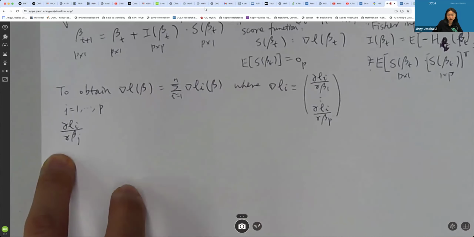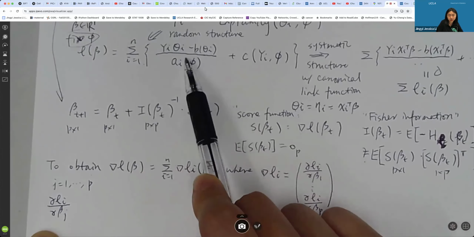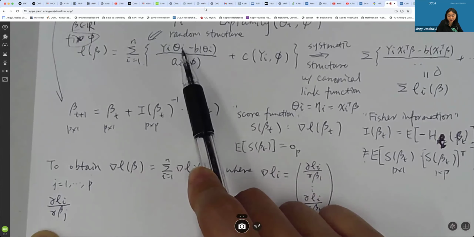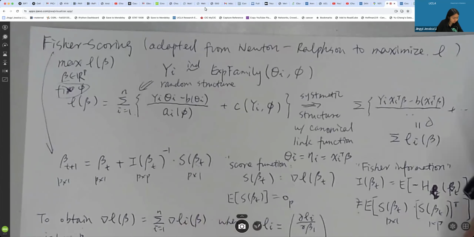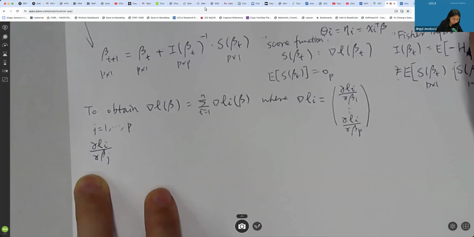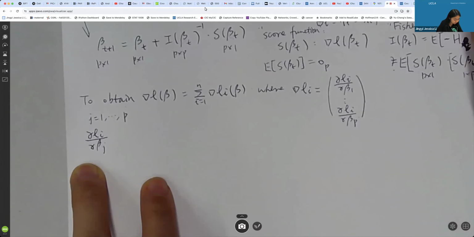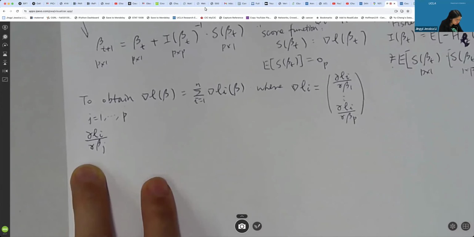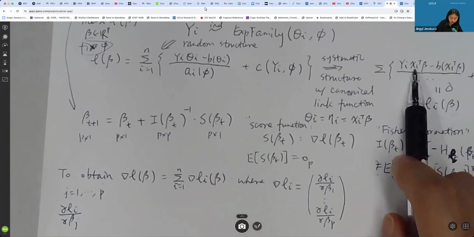I'm looking at this partial derivative, and I will use the chain rule, because the likelihood is first defined based on theta i, the natural location parameter in my exponential family. Maybe I can be a little simpler, because in this case I already have theta i equals xi transpose beta.